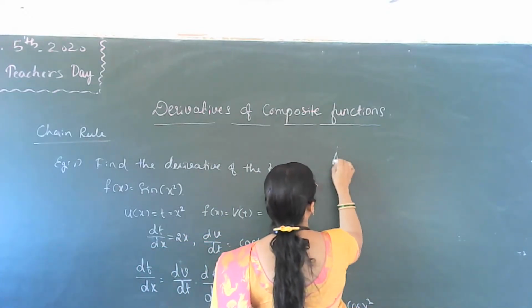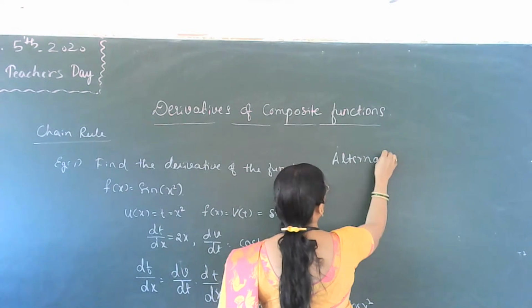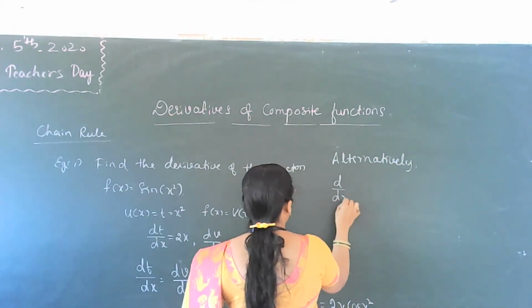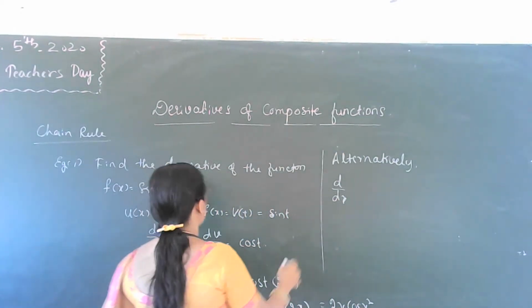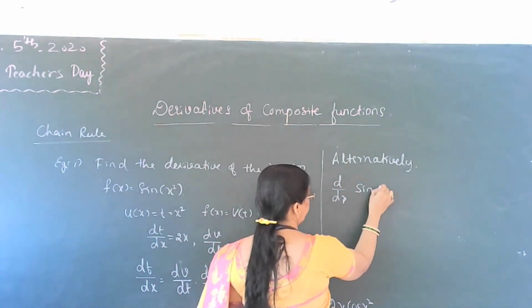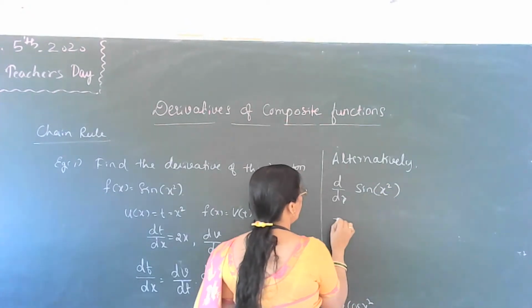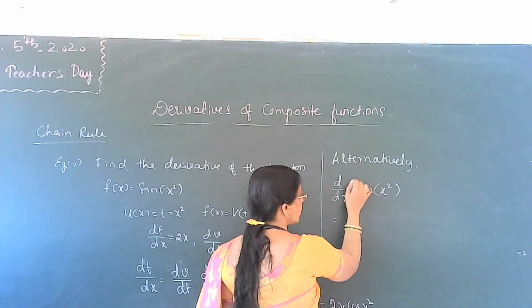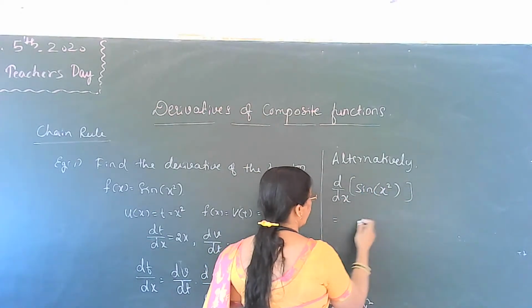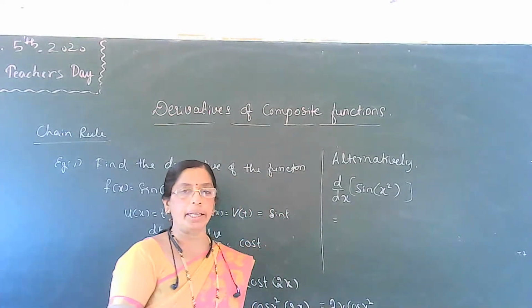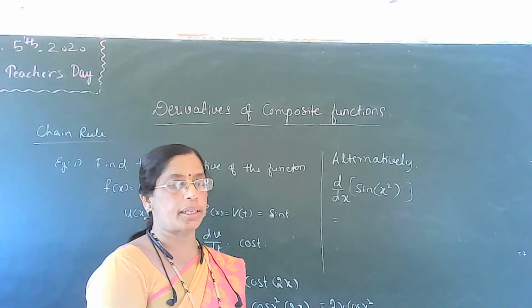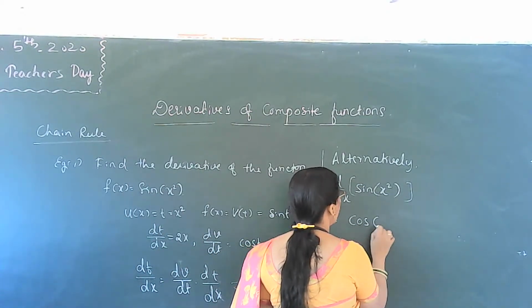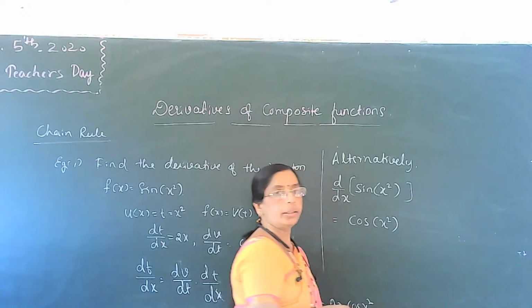Alternatively, we can find this value d by dx of sin of x square. First, we find the derivative of the sin function, it is cos of x square.